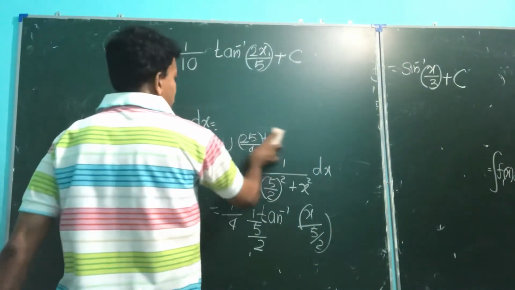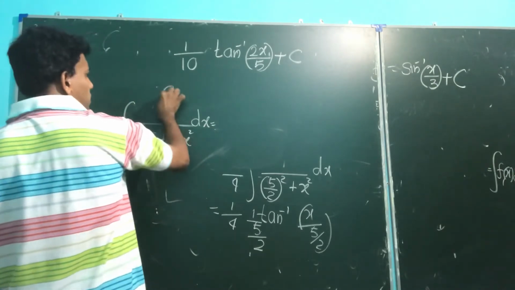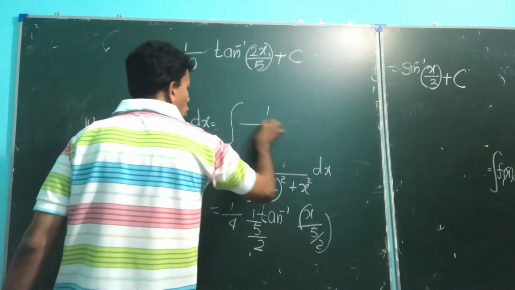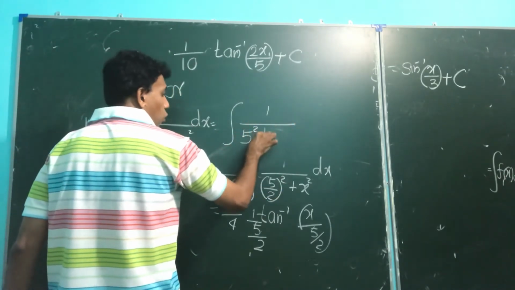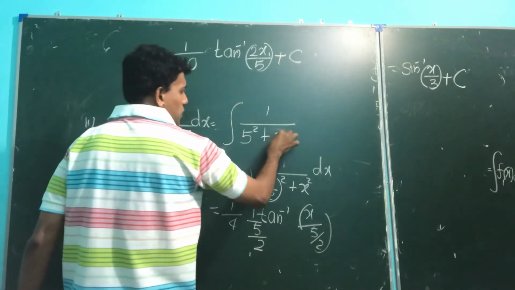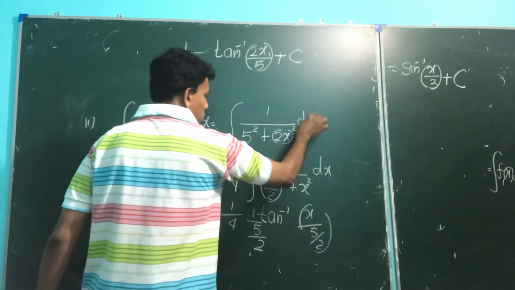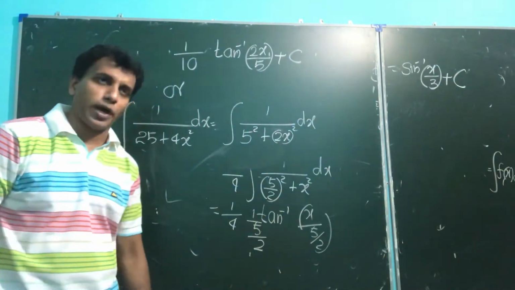Or another method: can I write this integral as 1 over 5 square plus 2x all squared? Then also try, you can get the same answer, 1 over a square plus x square form.